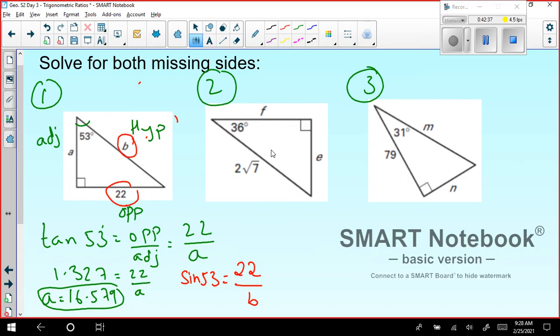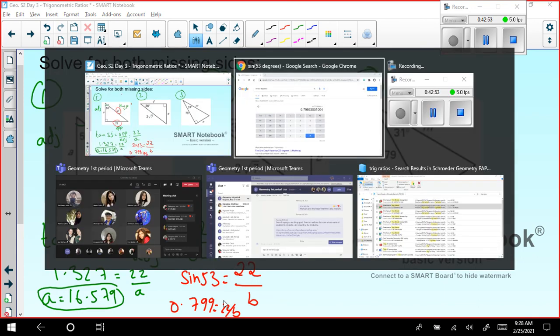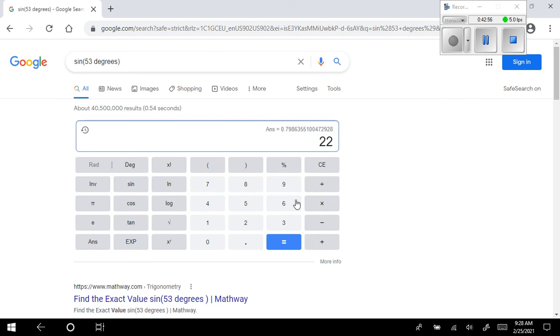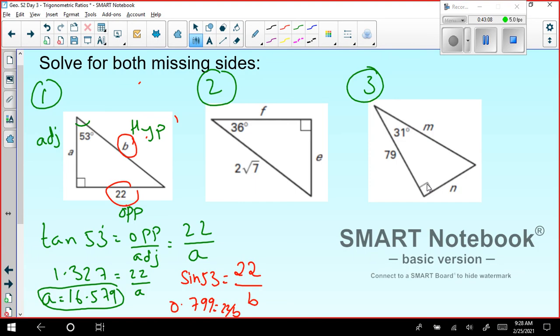So we have 0.799 equals 22 over B. And if I use the calculator further, I get B equals 22 over 0.799. So if I do 22 over 0.799, that gives us B as 27.534. So in this case, B equals 27.534. Okay.